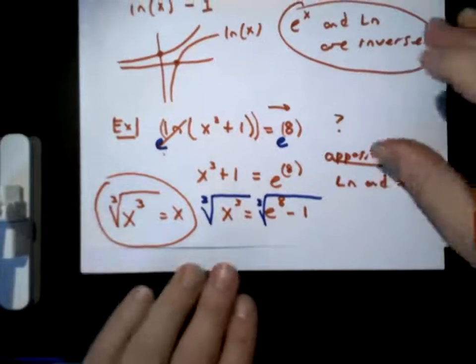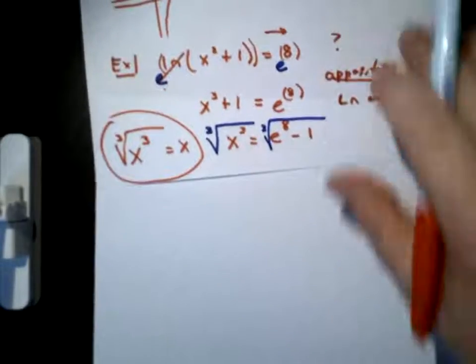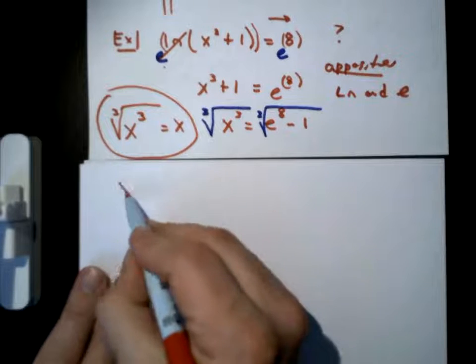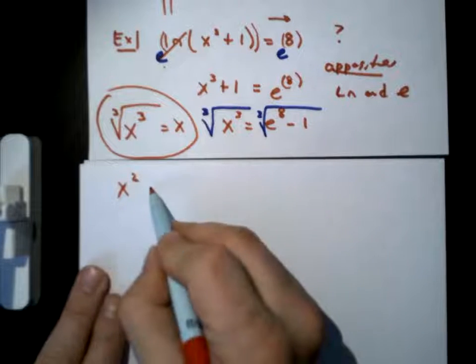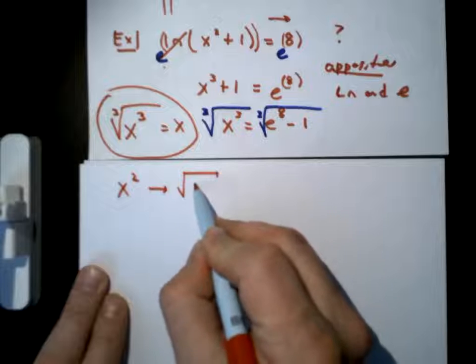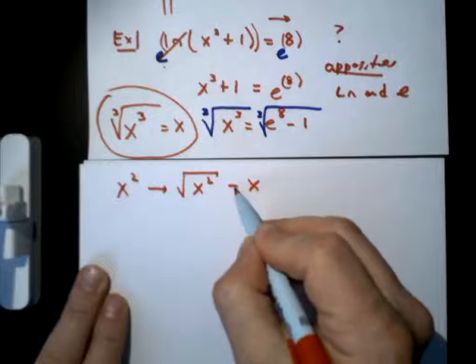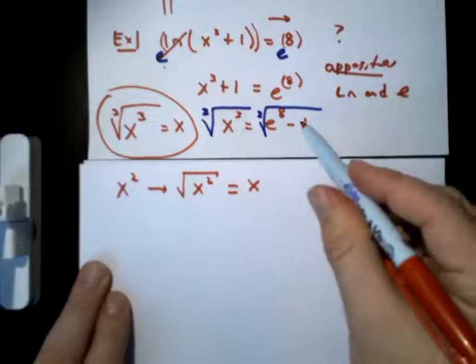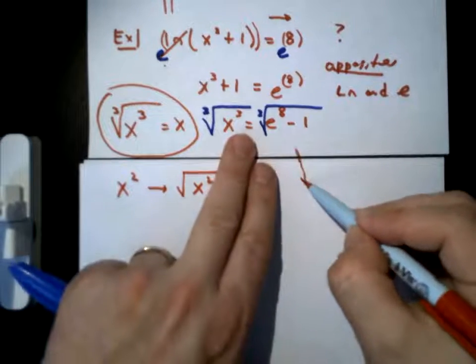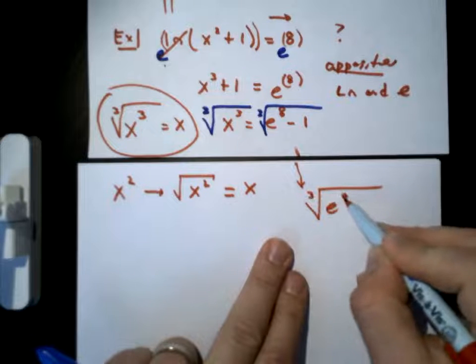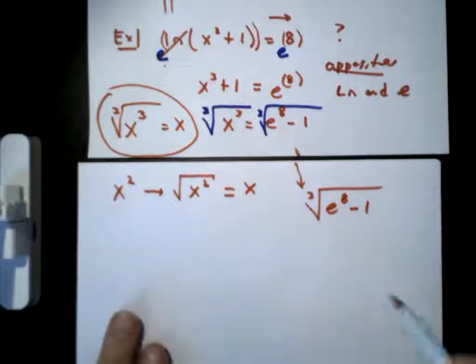It's kind of like when you take the square root of something. So if you take this x squared, well, to get rid of that, you're going to take the square root of that, which gives you x. So this right here is just going to be e to the 8 minus 1 with that.